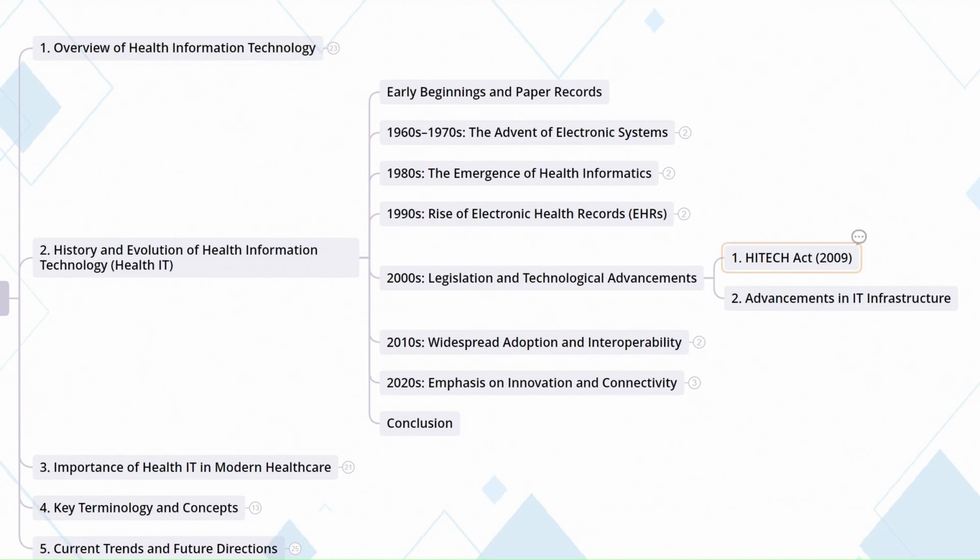The Health Information Technology for Economic and Clinical Health Act, also referred to as the HITECH Act, was introduced as part of the American Recovery and Reinvestment Act, also referred to as ARRA, promoting the adoption of EHRs by providing financial incentives and setting meaningful use standards.